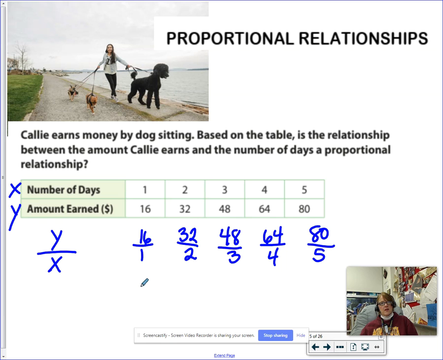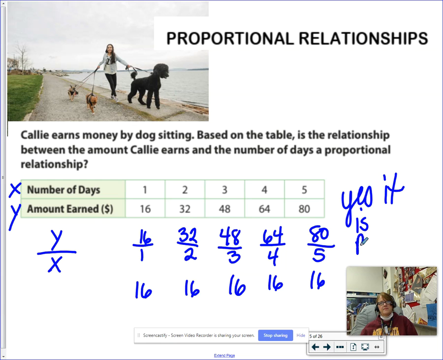Okay, now when I come down here, 16, 16, 16, can you keep it going? 16, 16, woo! They are all the same. And when that happens, we can say that this is our constant rate of change. And is this proportional? Yes, it is proportional.